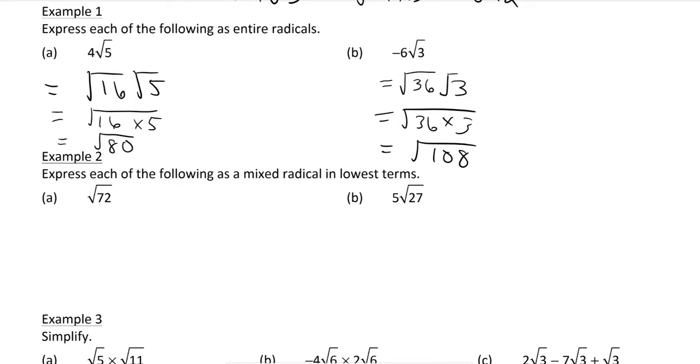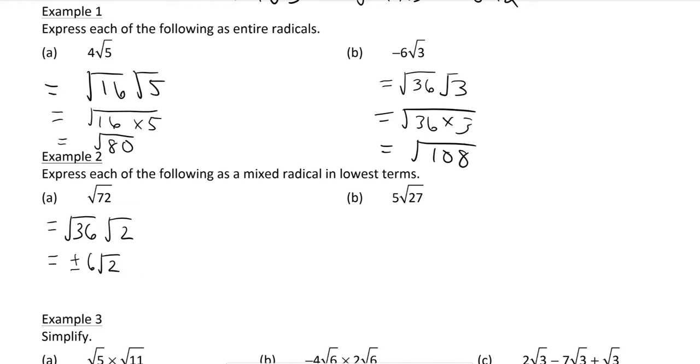Well, I think the best one I have is that I know that 72 is equal to 36 times 2. So I'm going to write that down because I like the fact that 36 is a large number and it's a perfect square and it divides nicely into it. Okay, so the square root of 36 is plus or minus 6. And with that root 2, which we cannot simplify anymore.